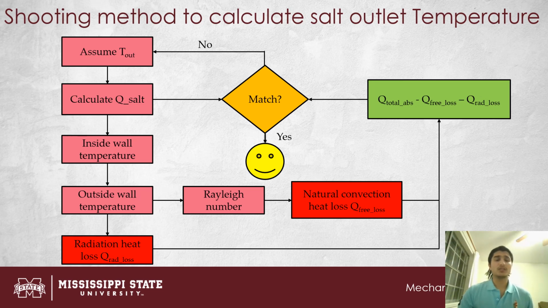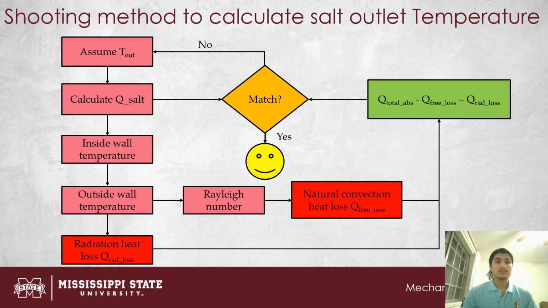First we assume T out, that is the outlet temperature, which helps us calculate the heat in the salt. From this we can find the inside wall temperature, then the outside wall temperature. From the outside wall temperature we can calculate the Rayleigh number and natural heat loss by convection. Then we can also find the radiation heat loss from all these parameters, and the total heat that we have can be found as total heat absorbed minus total heat loss by convection minus total radiation heat loss.